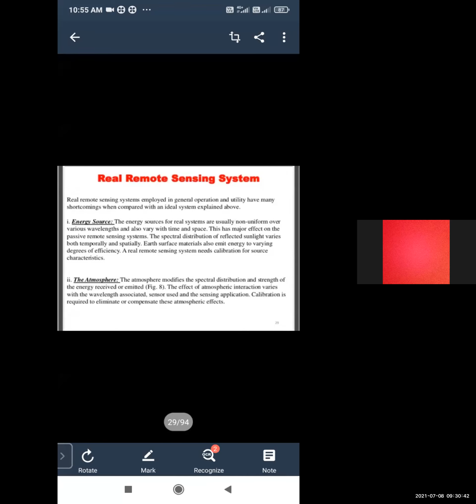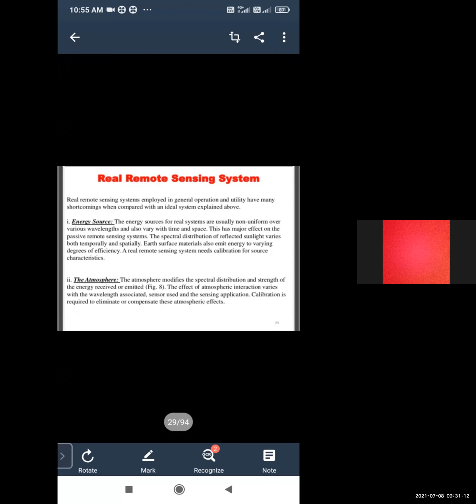But in real condition, it is non-uniform. Also, the wavelength is not constant. Various wavelengths are available, and the wavelength also varies with time and space. So the actual condition is this type of non-uniform condition. So a real remote sensing system needs to be calibrated for source characteristic.